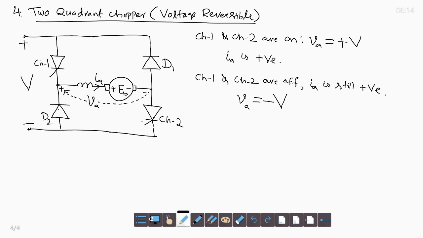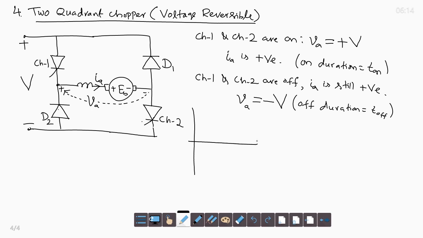On duration is T on and off duration is T off. If you inspect the voltage waveform, in this case you can apply like this. This is time versus VA.